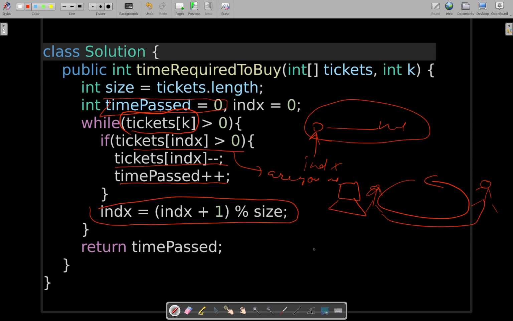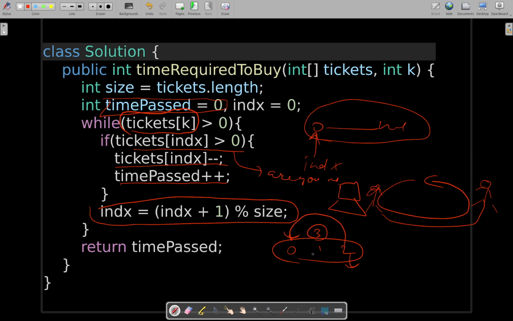So let's take the previous example. There were 3 people and the indexing was 0, 1 and 2. Let's say you are at the very last index. Then in order to have a circular kind of thing, you want to somehow connect this 2 with 0.